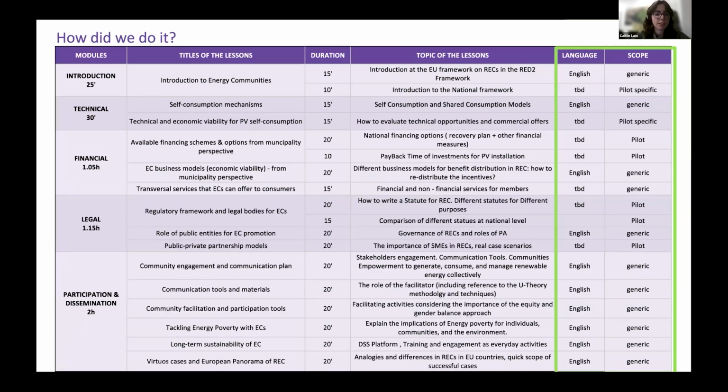And this is how we built it. There are some common topics that we provided in English. You can find them on the platform in the English course, and some of the titles that you can read here are for the specific needs of specific pilots. So each pilot can decide on its own what to say on that topic. What you will find is an English course which is quite brief, and for example the Italian or the Polish course will be a bit longer because the pilots built some contents on top of the English basis.